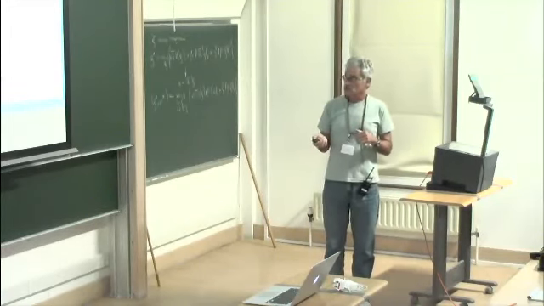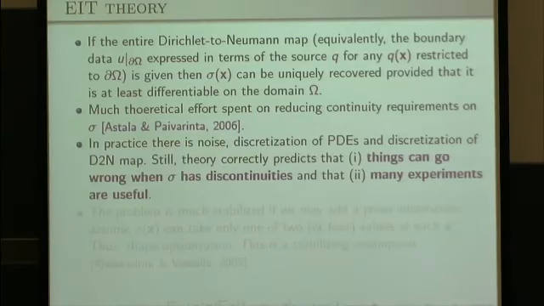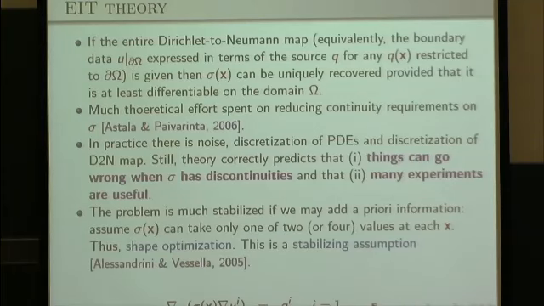On the other hand, in general, when you have a discontinuous sigma, it's very difficult to solve this problem in a meaningful way. However, if sigma is somehow piecewise constant, if you have only a few values that sigma can take at any x, then this is in fact a much more stabilized problem.